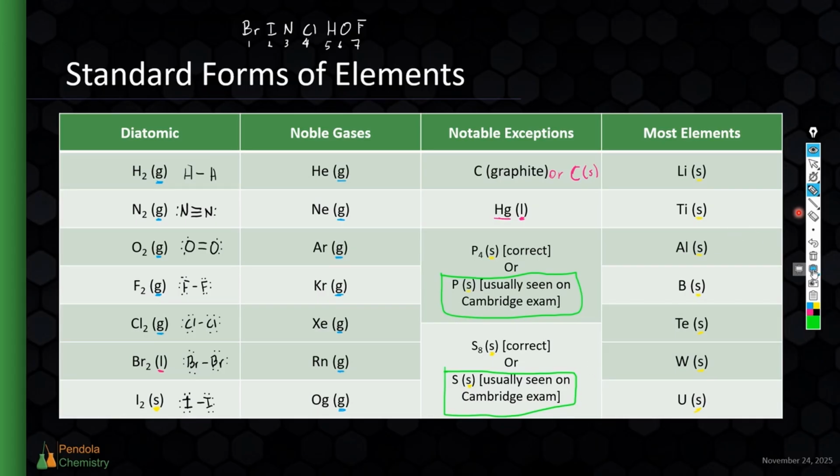So, having said that, let's look at what this will mean when it comes to writing the enthalpy change of formation reactions. Let's say we're asked to write the standard enthalpy change of formation of methane, CH4.